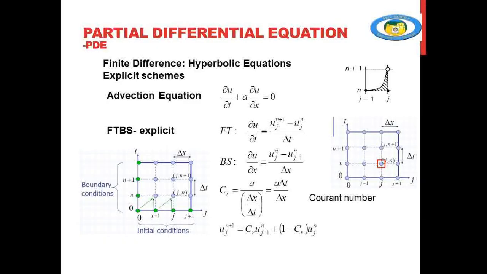As you can see, we are going to find the value at the unknown time using the values at the known time. So this is essentially an explicit scheme.